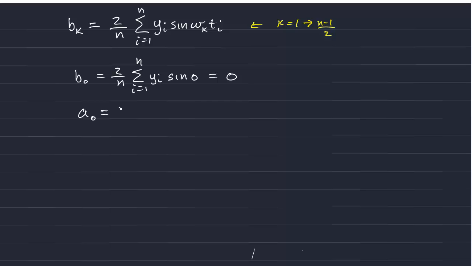And our 0th harmonic for the cosine part is yi cosine 0. And this is 1. So this is simply 2 times the mean value of y. We're just summing y over all its values and dividing by n, and that gives the mean value. So a0 over 2 is simply equal to the mean value of y.